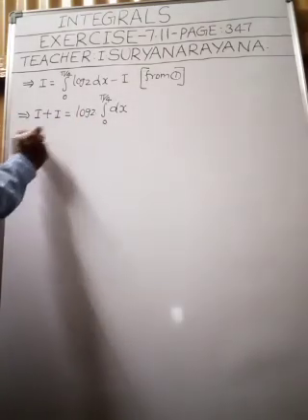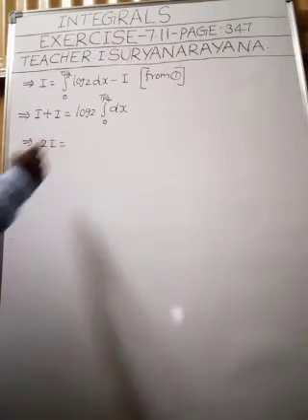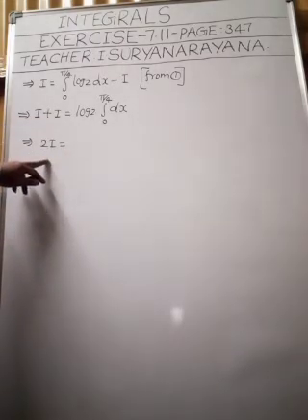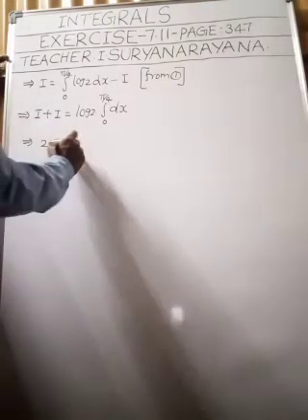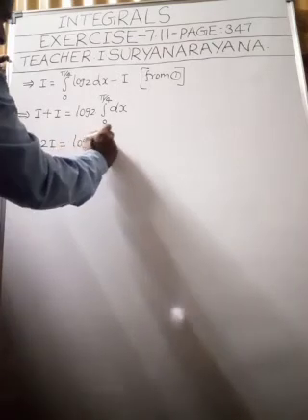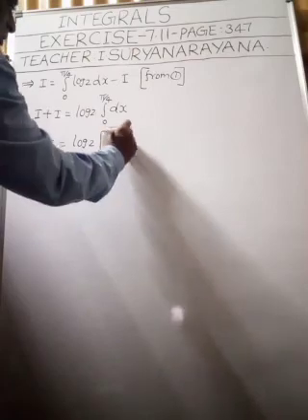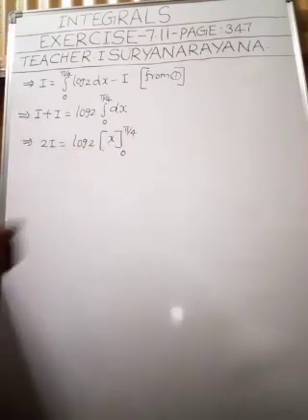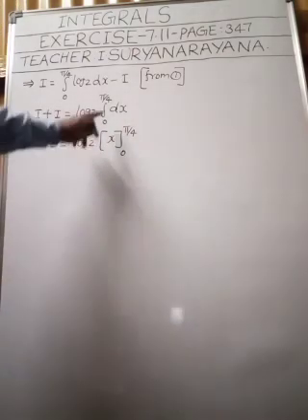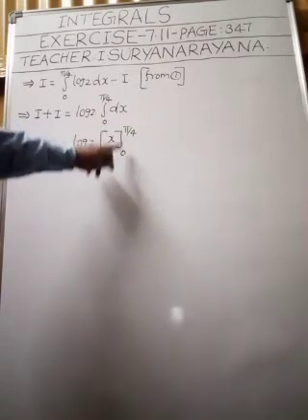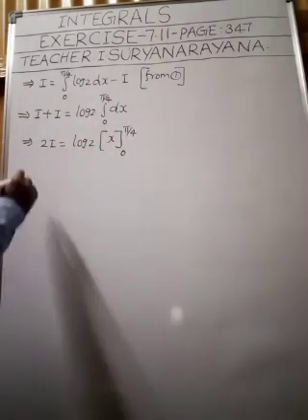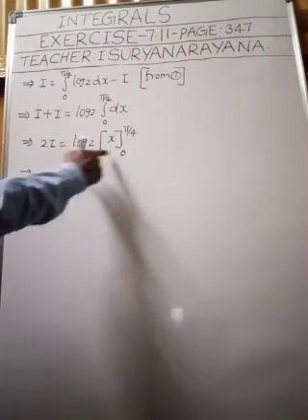This implies 2I, I plus I. What is the value of I plus I? 2I is equal to log 2 into integral dx. What is the value of integral dx? X. Limits 0 to pi by 4. We have found the integral of this function and we are writing lower limit and upper limit. Understood this step, my children?